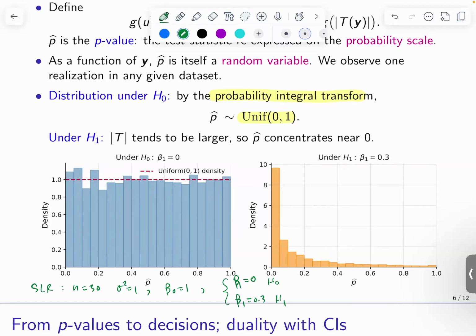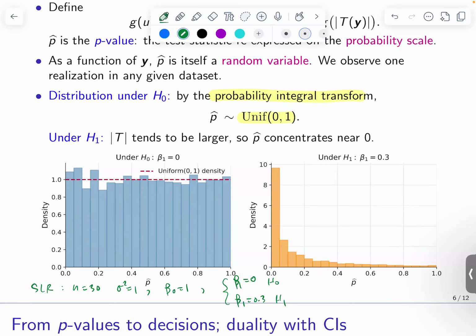Okay. And so it's much less likely to take larger values than under the null. And that fact allows us to easily design a test.